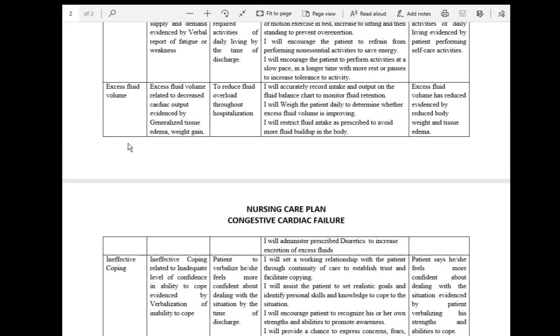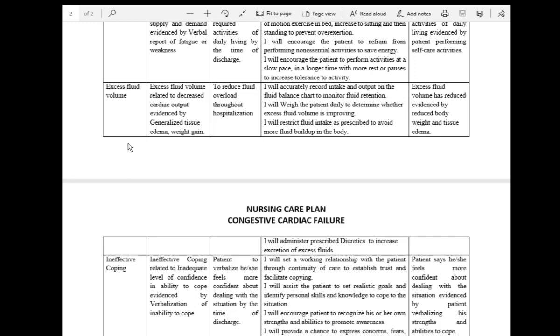So I will record on the fluid balance chart the amount of fluid that this patient is taking in, whether oral or intravenous. We have to know how much fluid the patient is taking in and how much is coming out, meaning through urination and other routes.